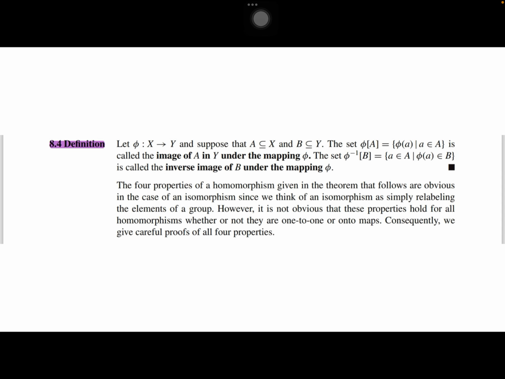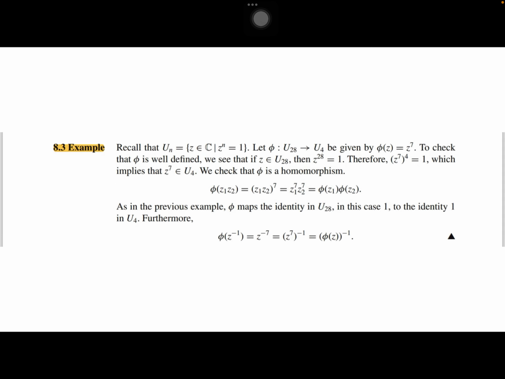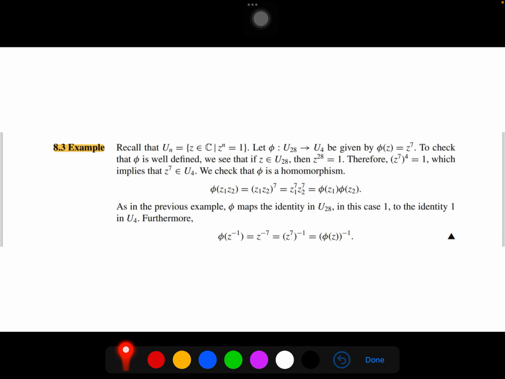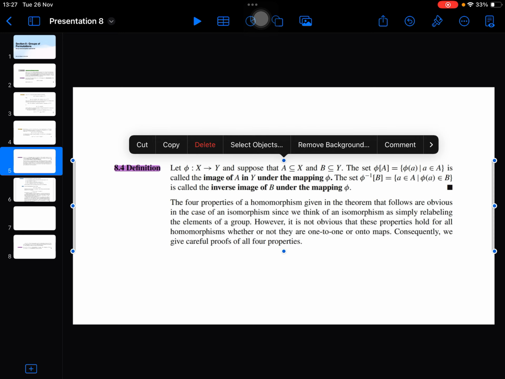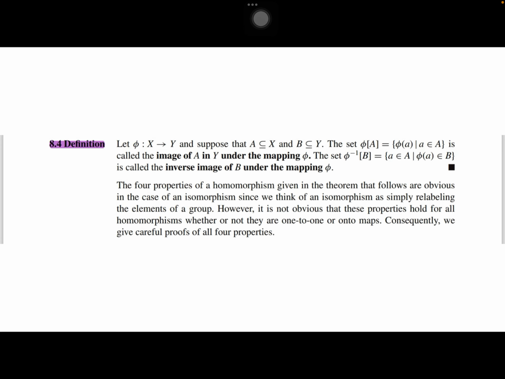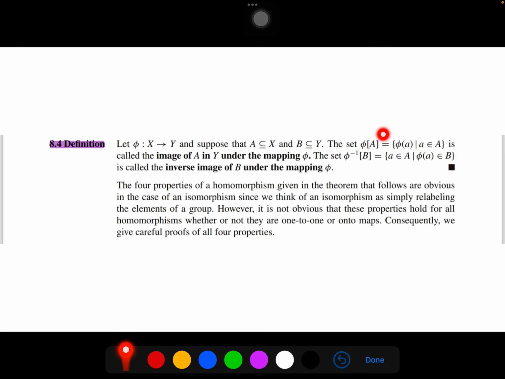So phi of A. We use the square bracket here to say that it is a set. Phi of the whole set A means that we take phi of a for every a in the set A, so it will form a set. What is the set?